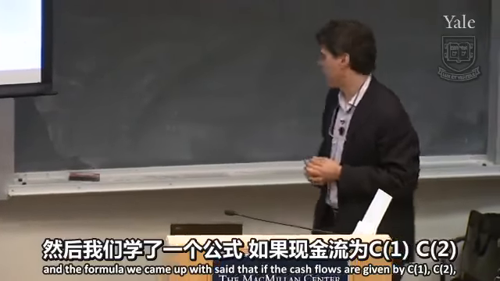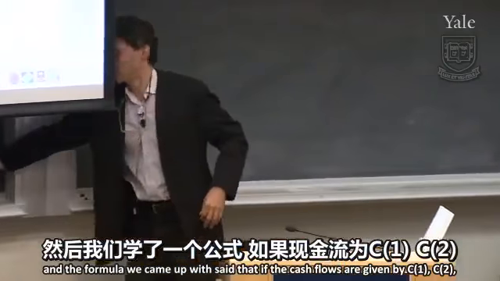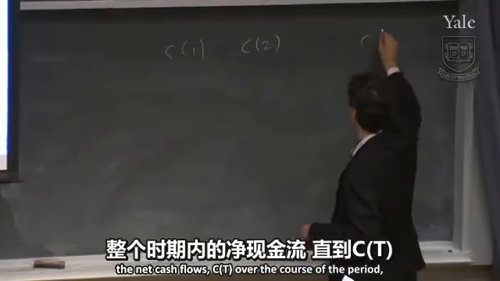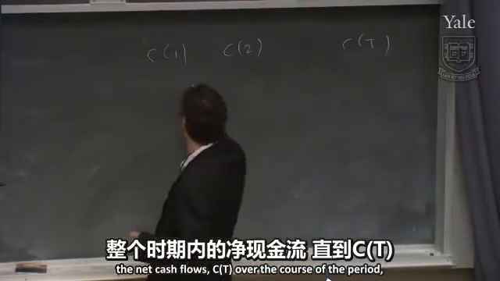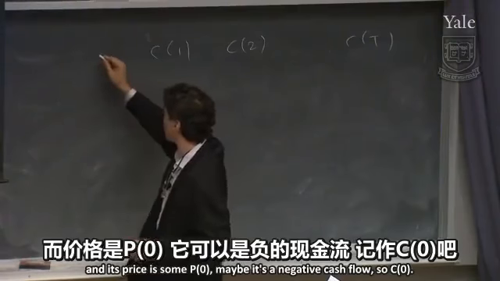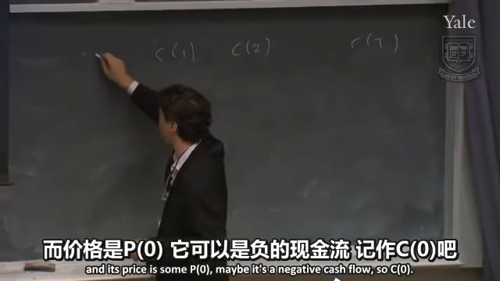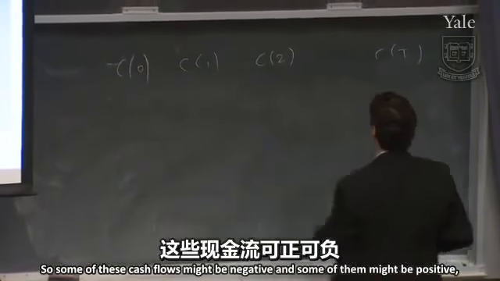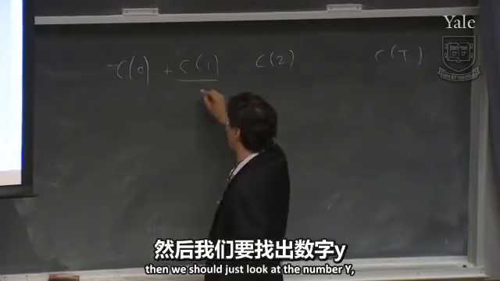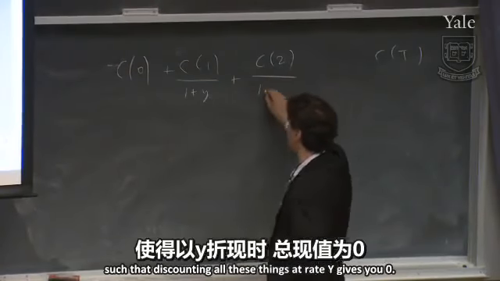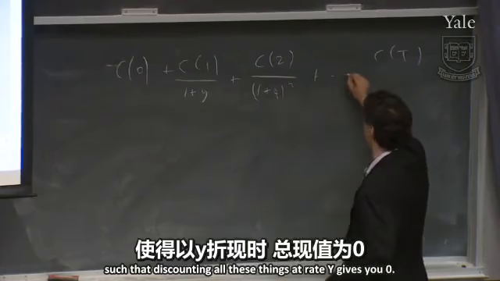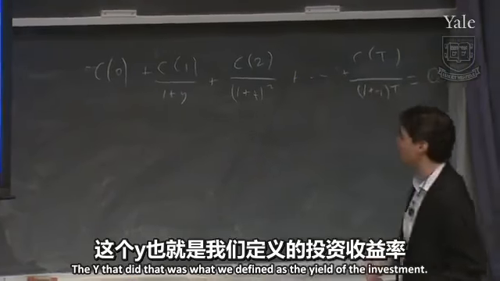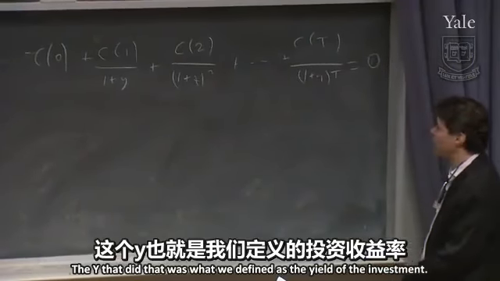And the formula we came up with said that if the net cash flows are given by C1, C2, up to CT, over the course of the period, and its price is some price P0, maybe a negative cash flow, so some of these cash flows might be negative and some of them might be positive, then we should just look at the number y such that discounting all these things at rate y gives you 0. And the y that did that was what we defined as the yield of the investment.